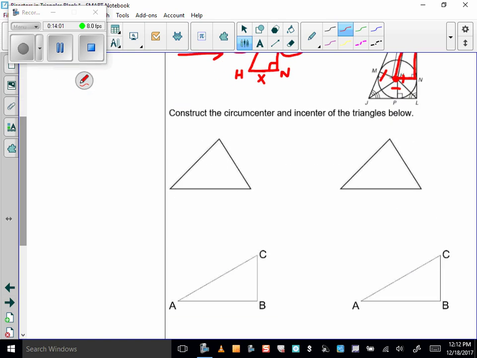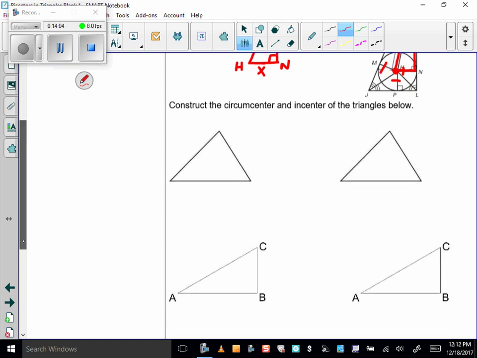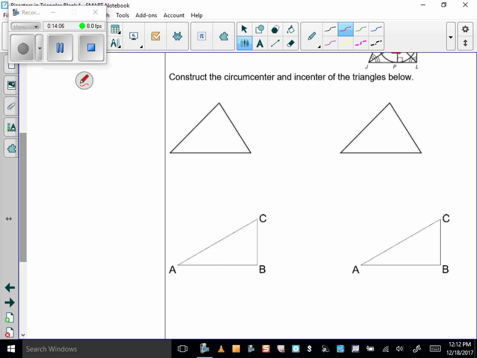Okay, all that's left here, I believe, for you to finish is to construct the circumcenter and incenter. So on these triangles, I want you to construct the circumcenter of all three of those. And over here, I want you to do the incenters of these three triangles. So what are you going to do? Circumcenter, remember, is perpendicular bisectors.